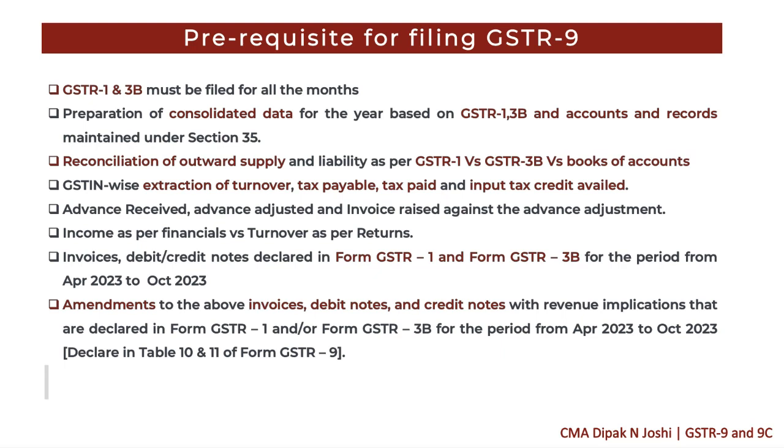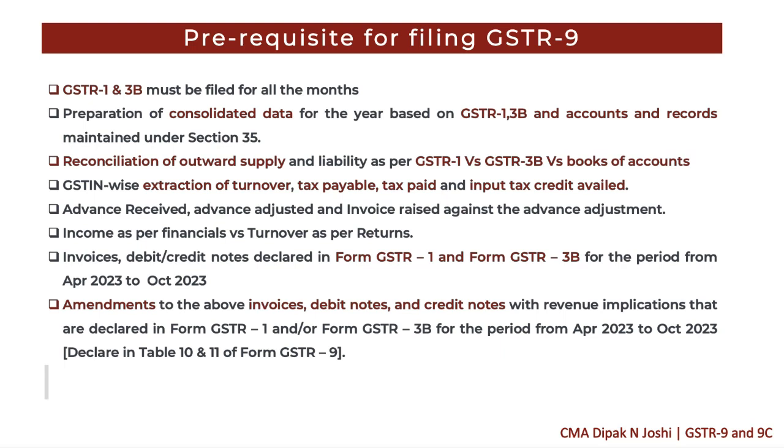It will be frozen. It will get opened only when you file all the pending GSTR 1 and GSTR 3B of that financial year. So this is the first prerequisite for filing GSTR 9, that a registered person must file GSTR 1 and 3B of that particular financial year for all the months.